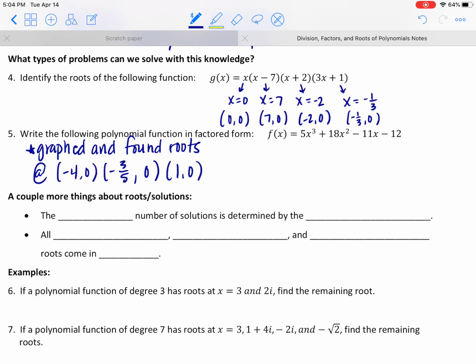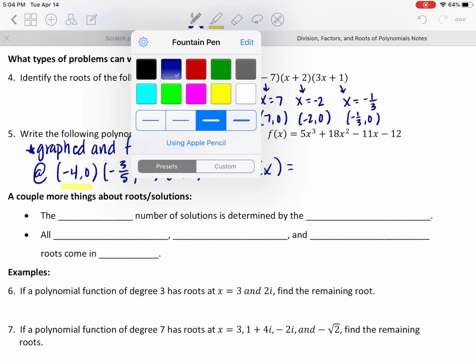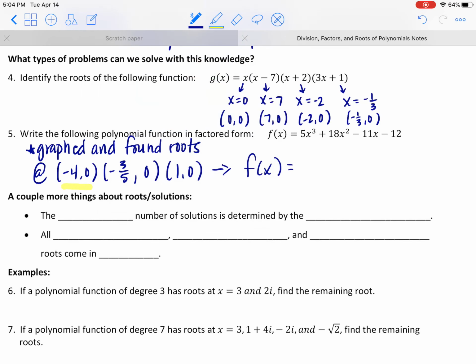Okay, so what we're doing here is going in reverse of the last one, right? This one's already in factored form, so I could identify the roots. Well, now I can identify the roots and then use those to write my factored form. This means that f of x has to be equal to, if -4 is a root, it means that x plus 4 is a factor.